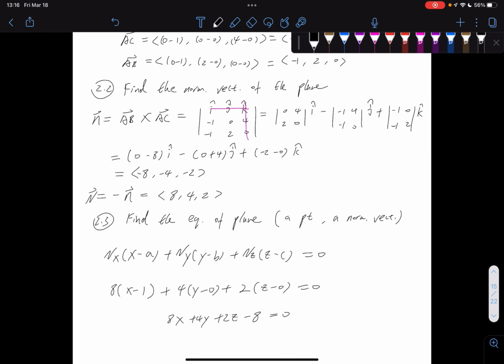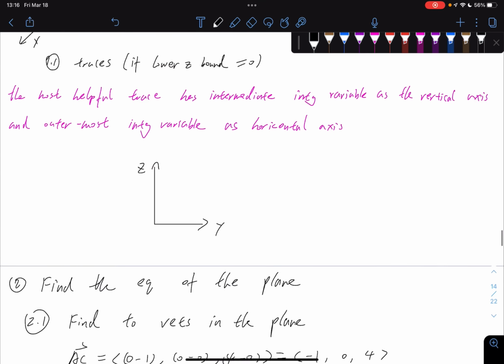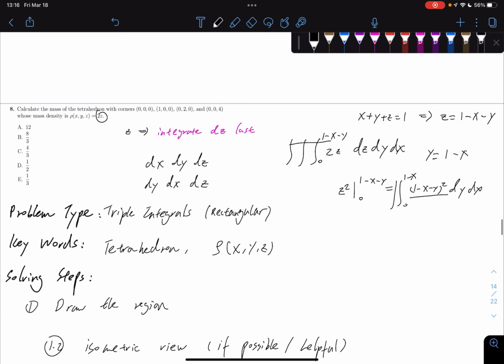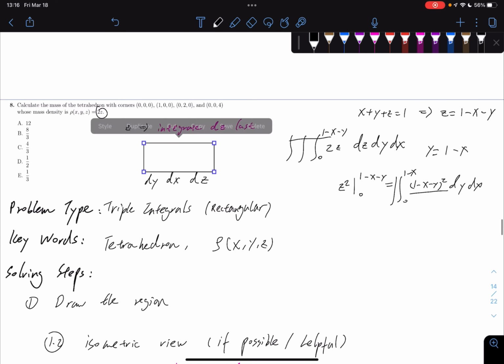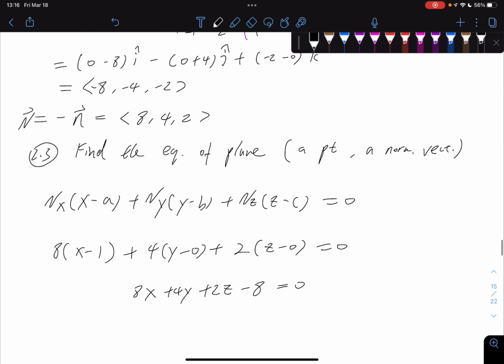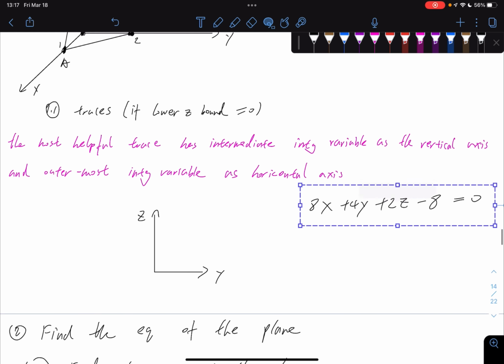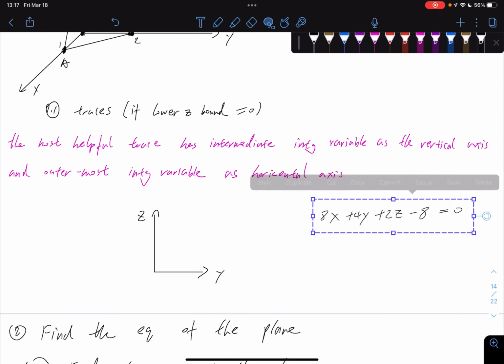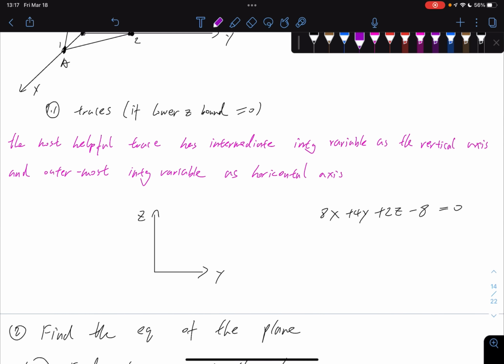So we can go ahead and go to step 1 and find the traces. Remember, we want to integrate dx, dy, dz, or dy, dx, dz. I chose dx, dy, dz, so I'm going to construct the dy, dz trace. We have the equation of the plane right here, copy and paste.